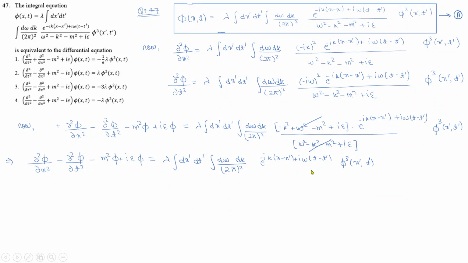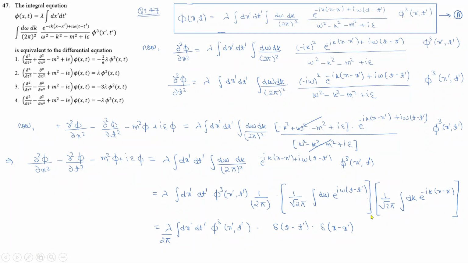Okay, so now we will try to solve it by just arranging the terms. Keep the first two integrations the same, but put this phi cube of x prime, t prime in the front integral. Why? Because these two integrals, which are with respect to omega and k, this function is independent of these two variables, so you can pull it outward of this integration.